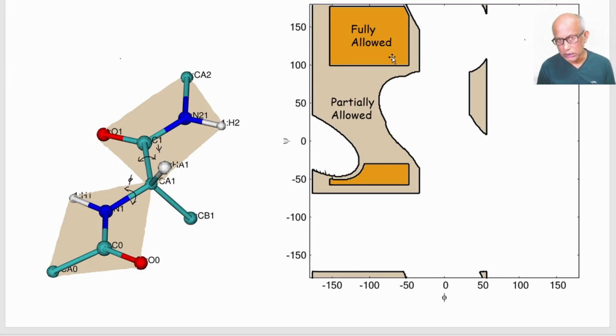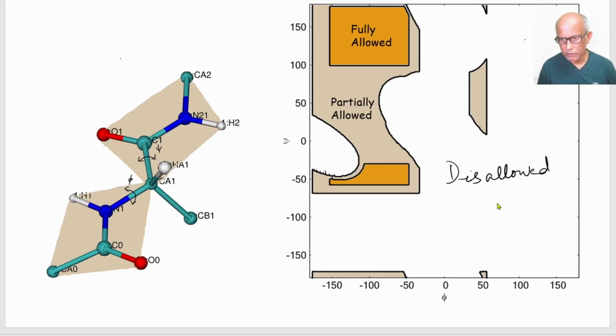In the partially allowed region, there exists at least one atom pair whose distance is less than the normal limit but still more than the extreme limit. And finally, all of these regions where there is at least one atom pair whose distance is lesser than even the extreme limit were considered disallowed.